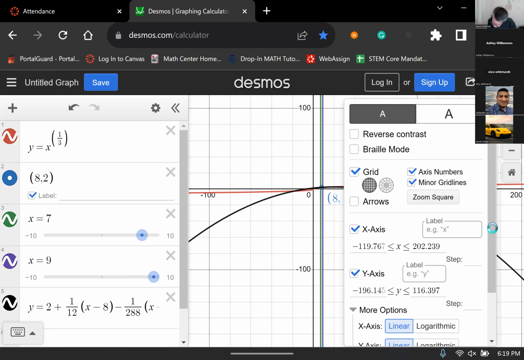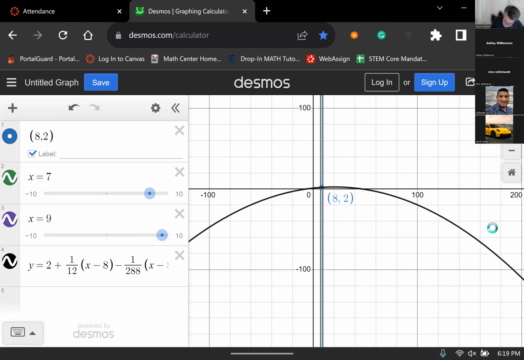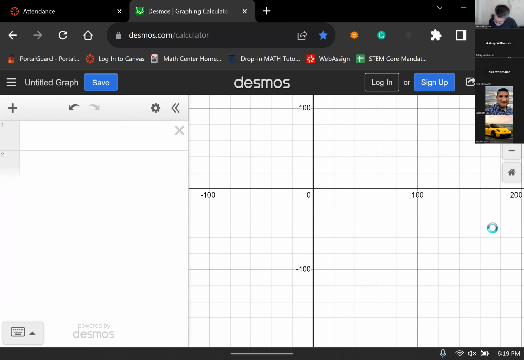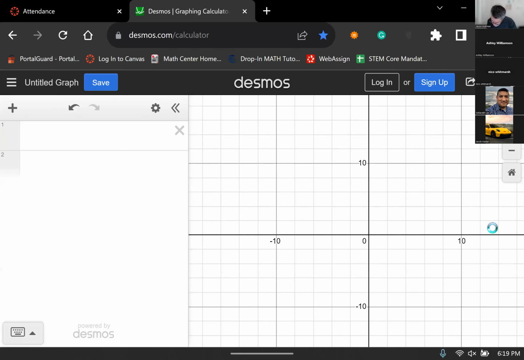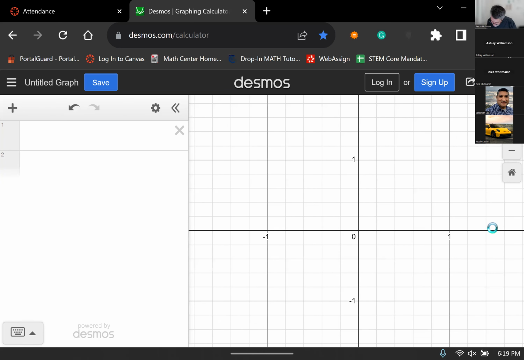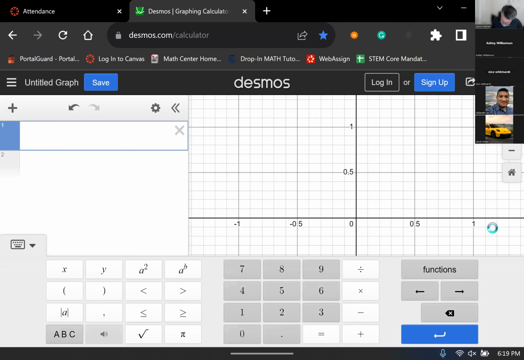No, I was hoping that it would do a trig thing, but that's okay. We'll just zoom in a second. I want to get rid of these values. There we go, that's better. Let's start with a 1 by 1, that'll be good. So I want to plug in y equals sine x.